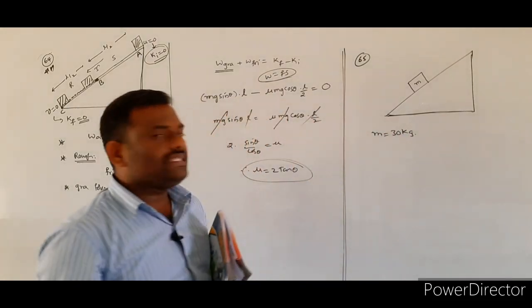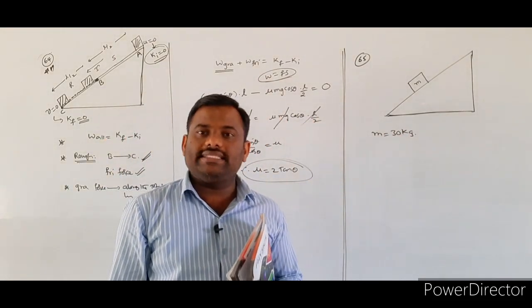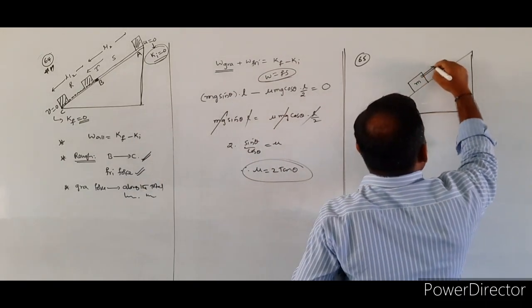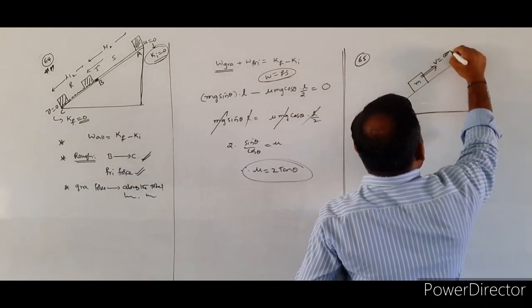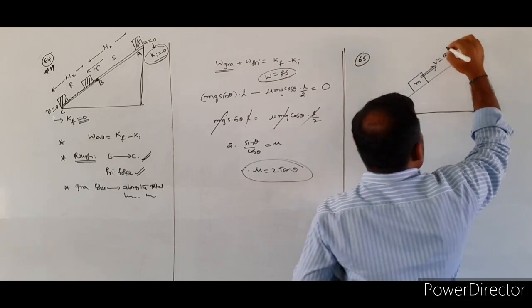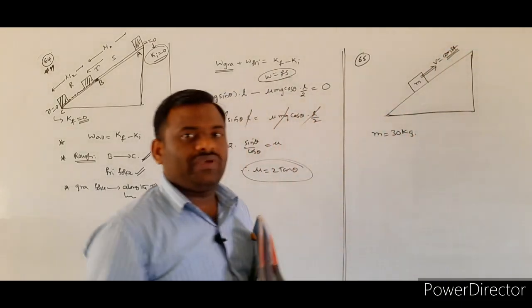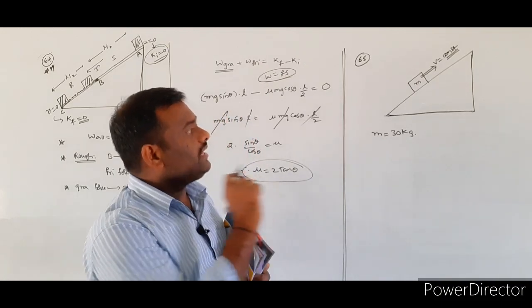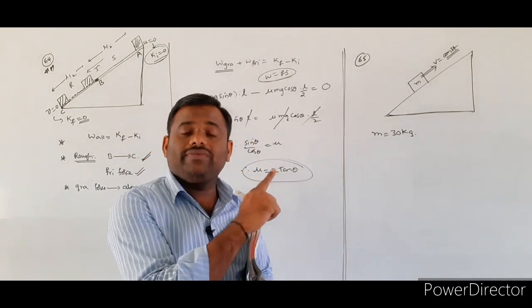Here, the block is moving in the upward direction with a constant velocity. It is moving up the plane with a constant velocity. This type of numerical we solved.